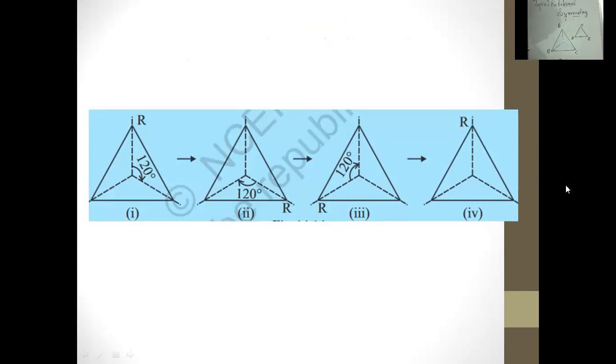In between, we can see that it is making an angle of 120 degrees here, 120 degrees here, and also 120 degrees here. If we are rotating them, even these angles would remain the same. So there is no point in saying that it is not satisfying the rotational symmetry.